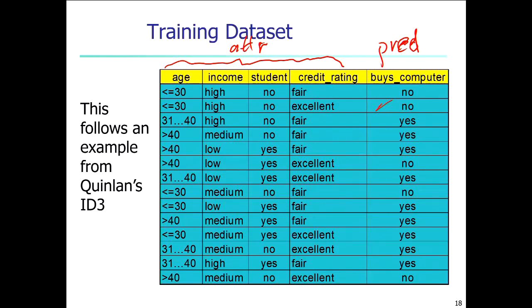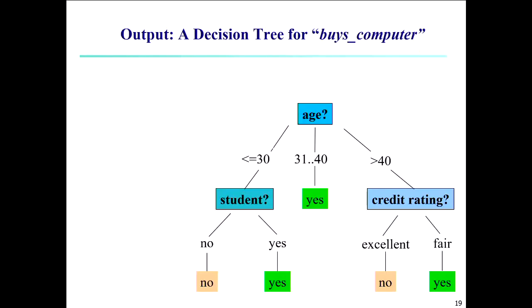That's why for age, we don't have 30 or 31, 32, but we discretize them into three categories: smaller or equal to 30, between 31 and 40, and larger than 40.